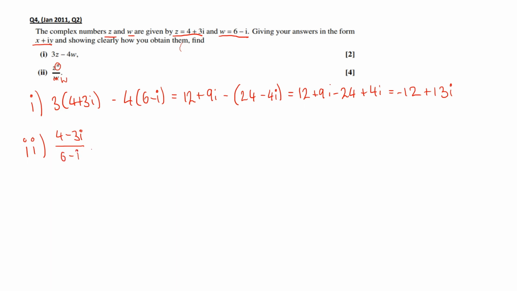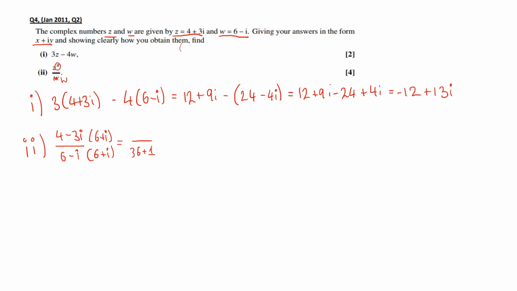Again, we do the conjugate of this, so 6 plus i. Come out with 36. The 6i and minus 6i cancel. And then we're going to get minus i squared, which is plus 1.